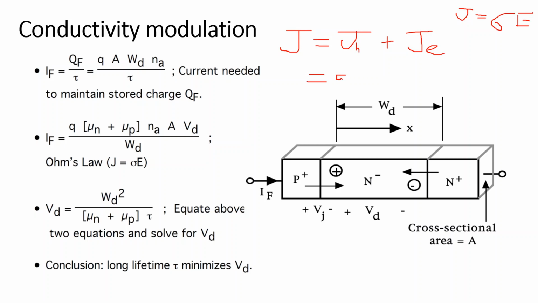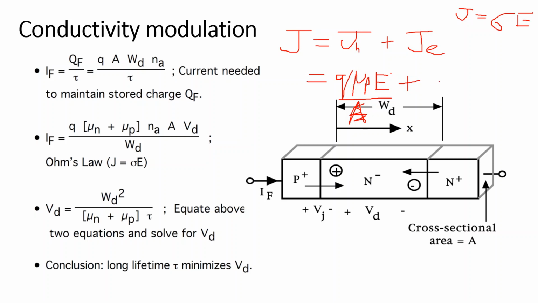We have already seen this, which is Q mu P times electric field E. So this is the current density due to holes.